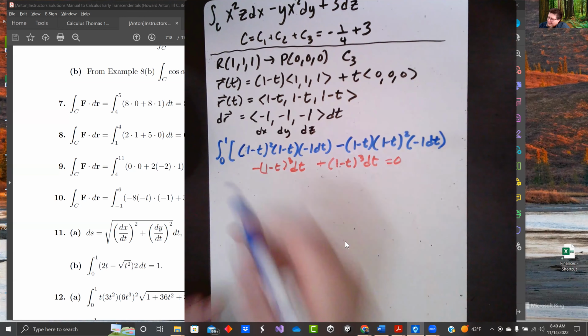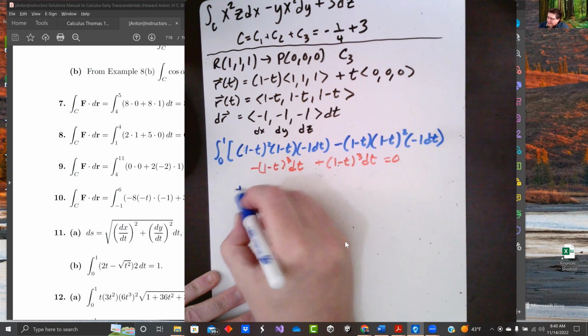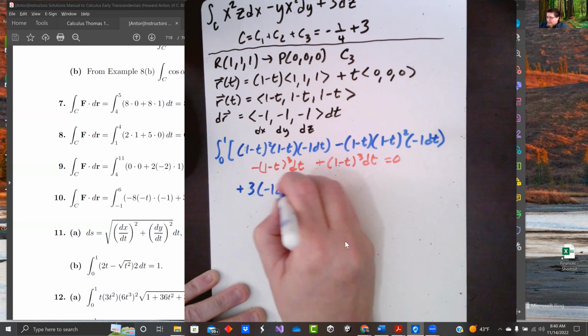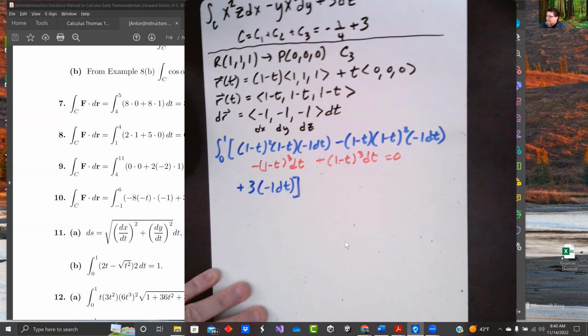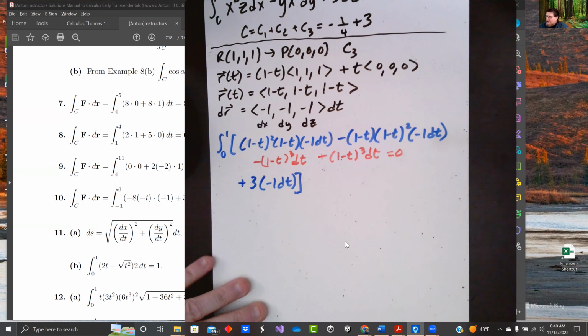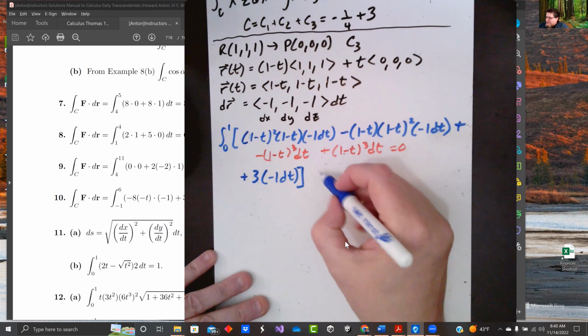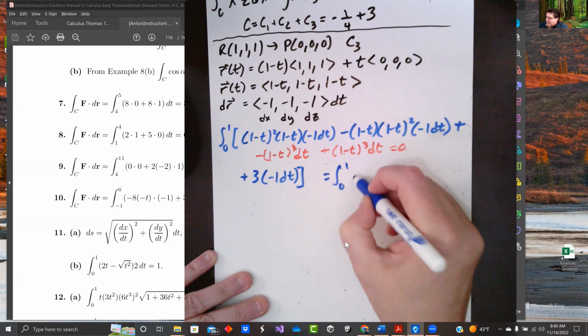We also need the rest of it, which was the plus 3 dz, which is -1 dt. So this is all one line, the blue stuff, and it cleans up to the integral from 0 to 1 of -3 dt.